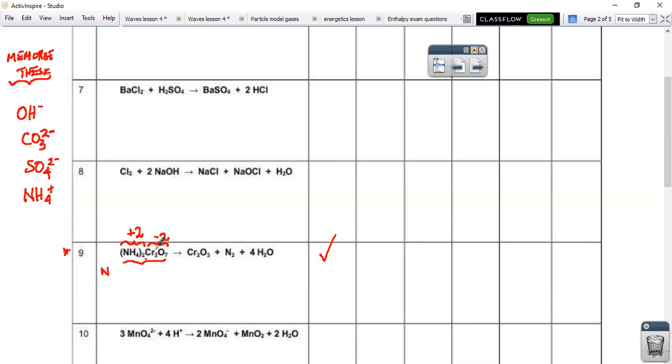Correct. Now, if we just use the ammonium ion, we can use it to work out the oxidation state of the nitrogen. So what do you reckon the oxidation state of the nitrogen would be if the overall charge is +1?